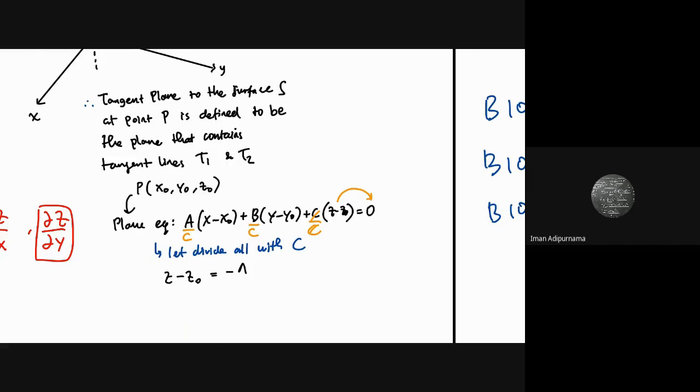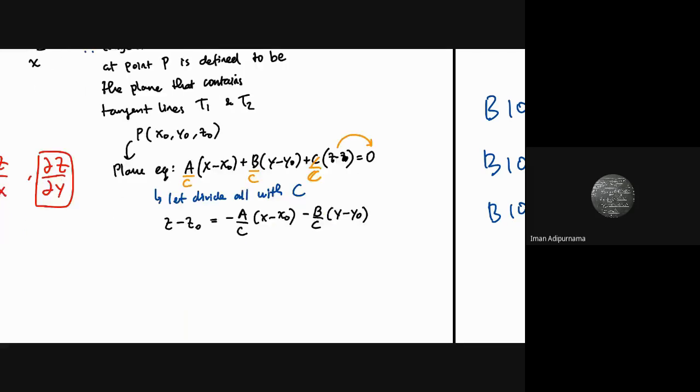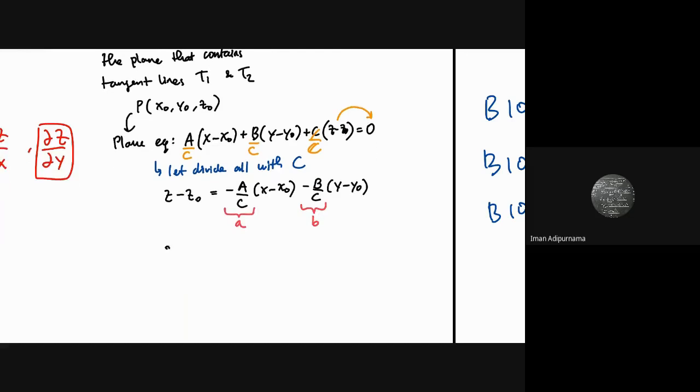Now the right side becomes negative. Okay. Now if we let this negative A over C and negative B over C become some other constants, A and B, let's write this in terms of A and the small b.